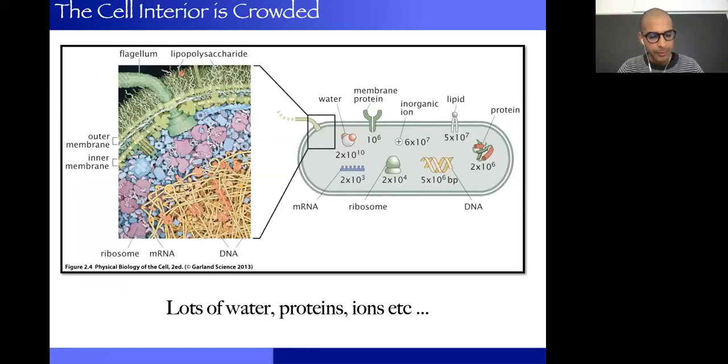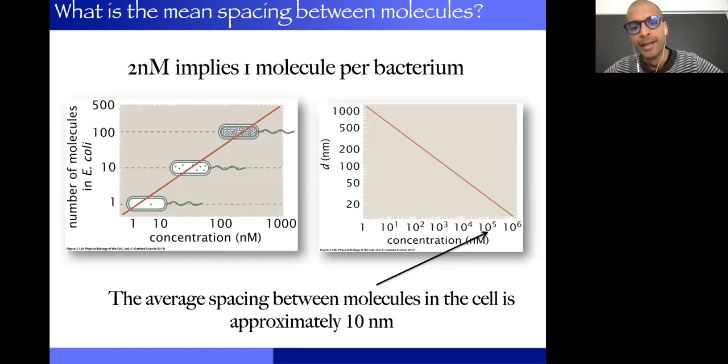So let's review. The cell is crowded. I've convinced you now that there's lots of water, lots of proteins, lots of ions. All these interactions play a very important role, and this has implications on the typical distances that separate these species in solution.